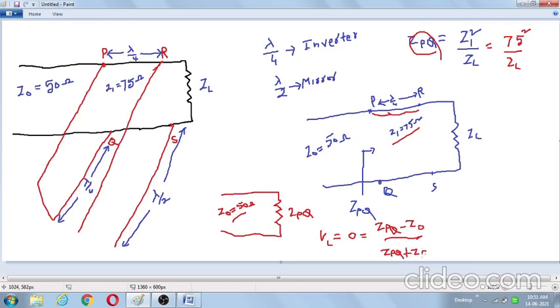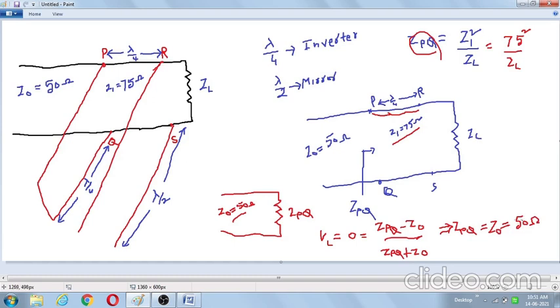According to this equation, we get ZPQ equal to Z0, that is equal to 50 ohms. Why? Because here impedance matching is achieved, that's why the reflection coefficient is equal to 0.